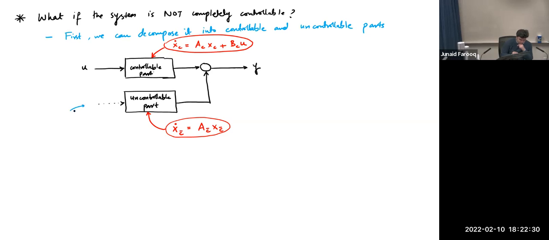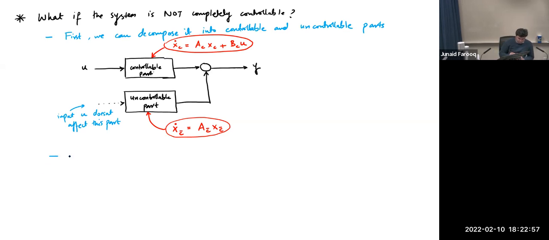Here, the input U does not affect this part. Okay, so great. First thing we did is we decomposed the system into a controllable and uncontrollable part.